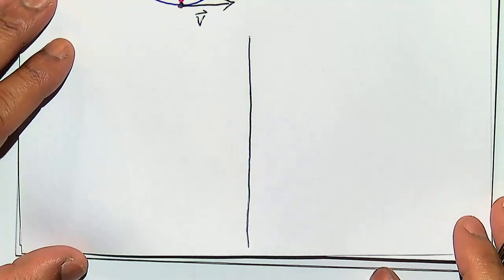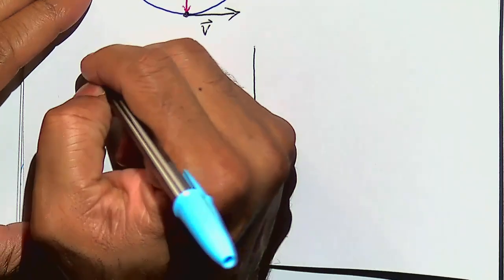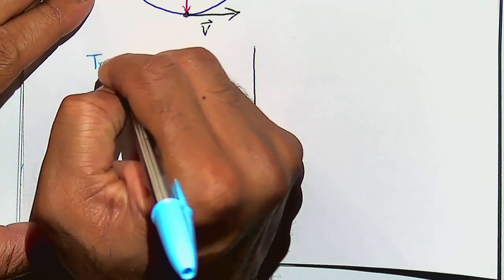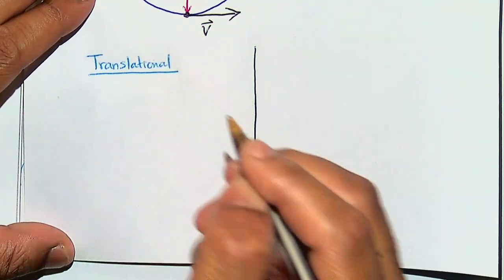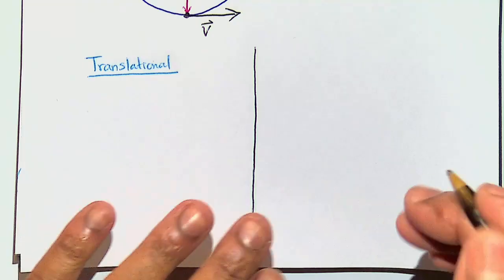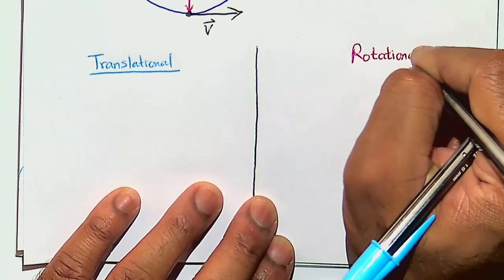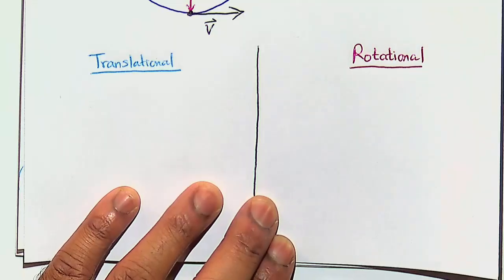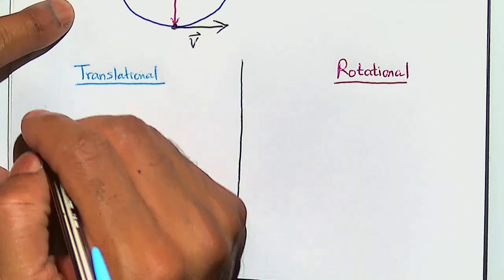That way you can compare what we had before for the translational kinematic equations with the rotational equivalents. Let me write down the translational ones.